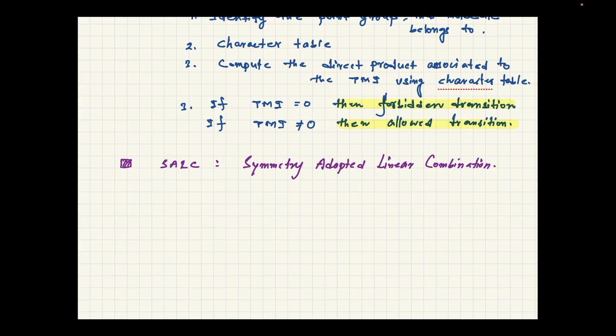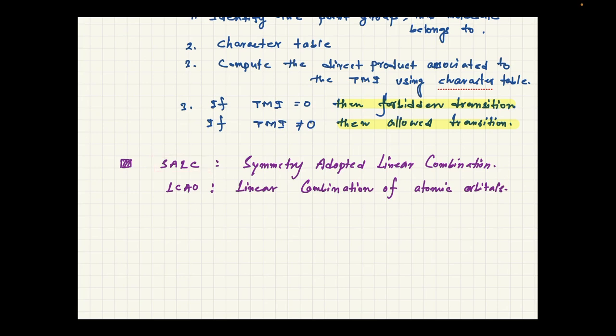It is associated with the LCAO. This is another term, the linear combination of atomic orbitals. So LCAO is the linear combination of atomic orbitals, and SALC is the symmetry adapted linear combination.